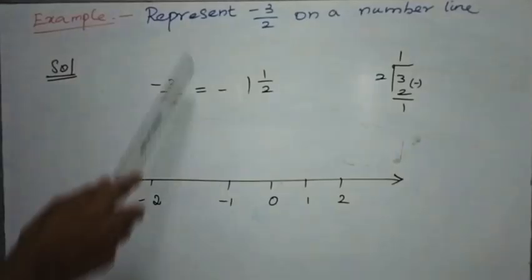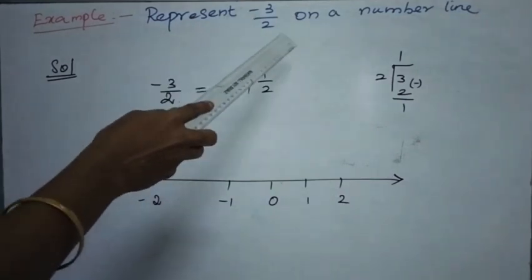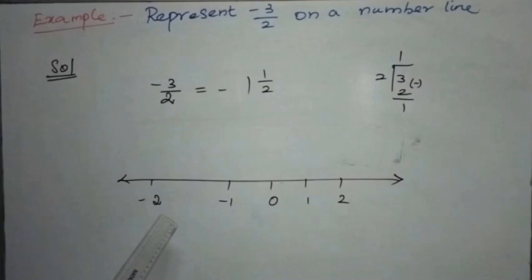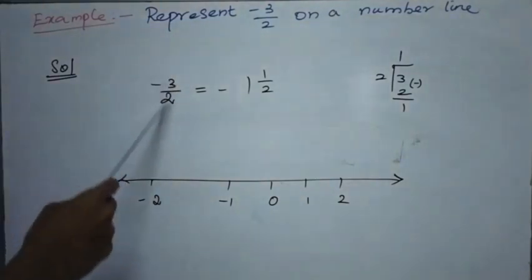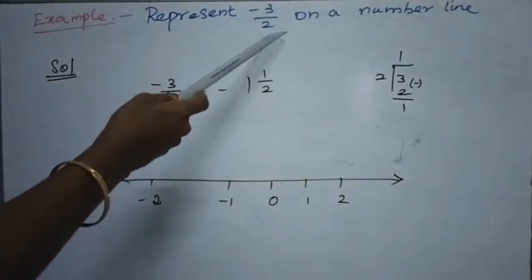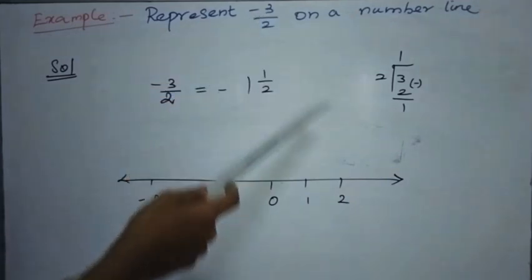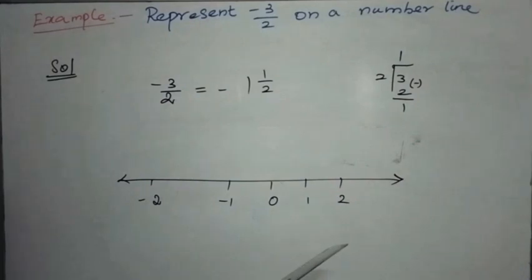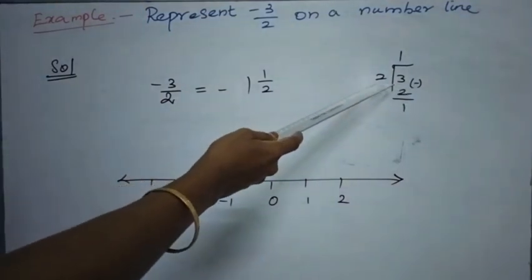See the example. Represent minus 3 by 2 on a number line. So the given rational number we have to write as an equivalent mixed fraction. The given fraction you have to divide first. Minus 3 by 2 is the rational number given. So first you have to divide.